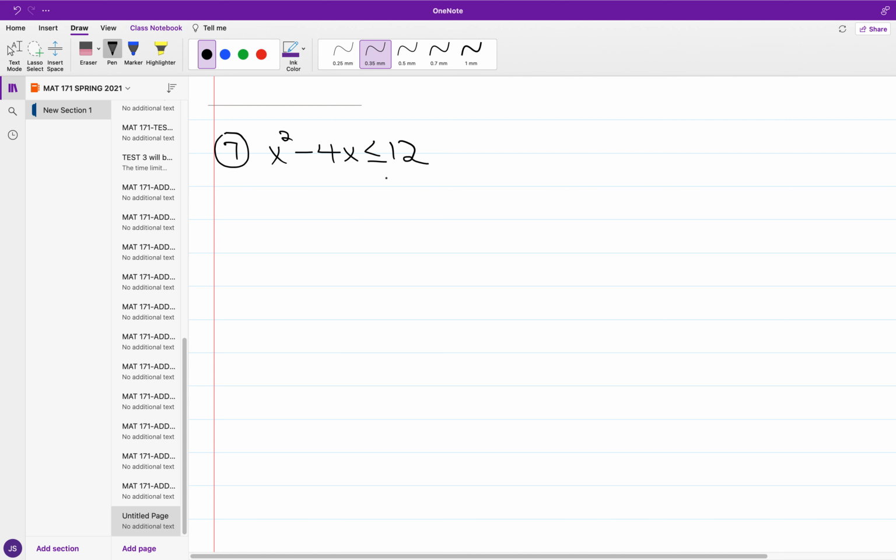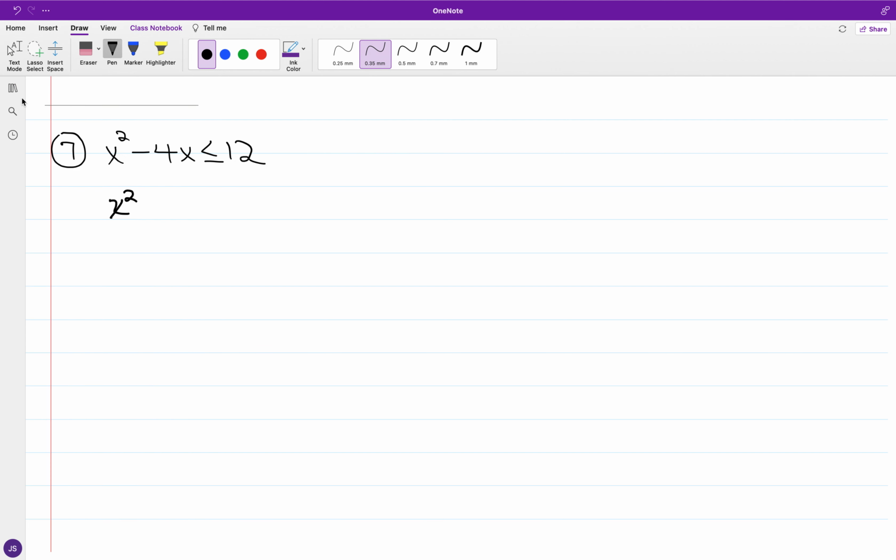And if I rewrite this in terms of comparing to 0, we have x squared minus 4x minus 12 is less than or equal to 0.